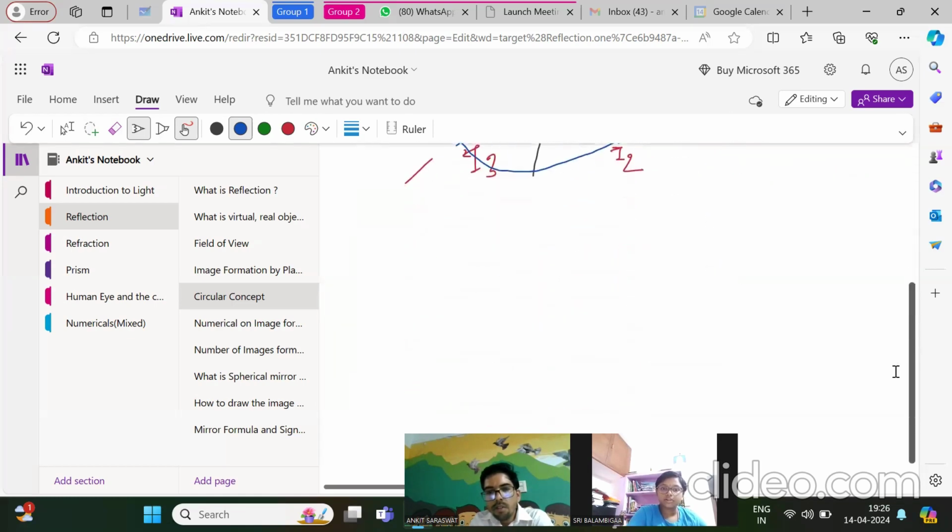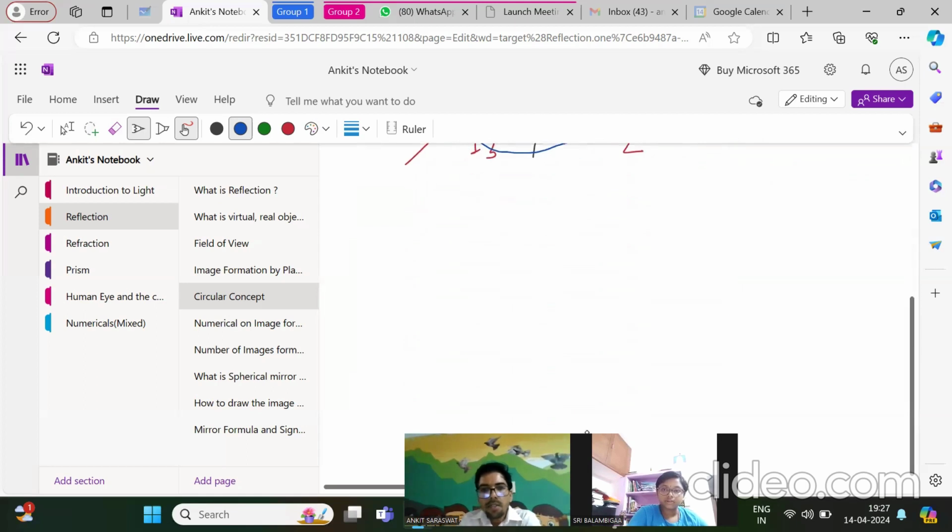In 4 minutes, maybe it will end, but I will explain here again. See, this is the plane mirror. This is one more plane mirror. The object is here. Then draw one circle. If this is alpha, this is beta.